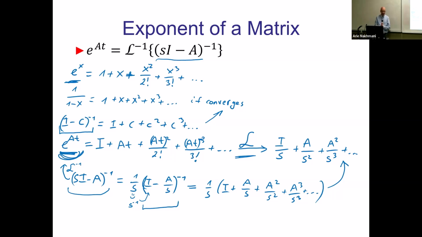We can define the same thing for matrices, but instead of x, we will put a matrix of some kind. And this could be matrix times time t. Okay, so you can have variable t as well. So we replace x with At to get 1 plus At plus (At) squared divided by 2 factorial and so on. This will be the definition of what the exponent of a matrix At is.